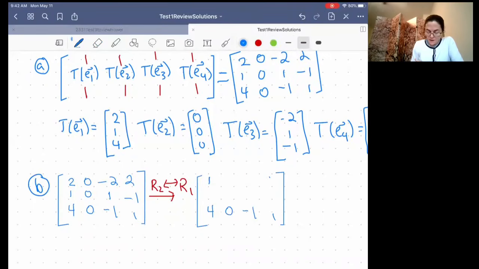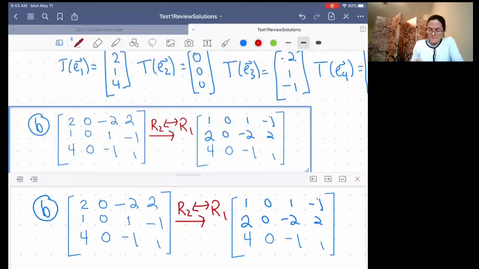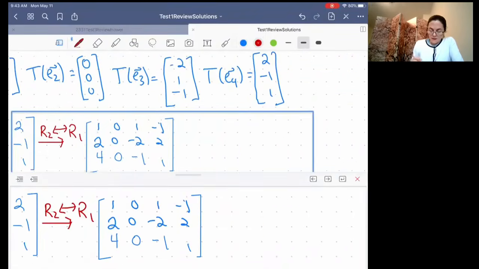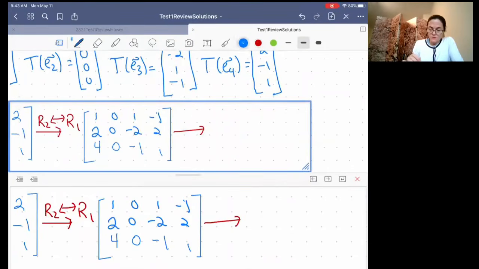So I have 1, 0, 1, -1. Okay, then now I'm going to have 2 things that I do. I'm going to take -2 row 1, add it to row 2. I'm going to take -4 row 1, add it to row 3.